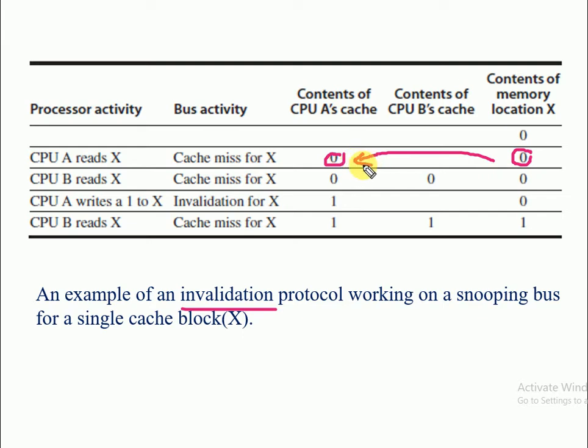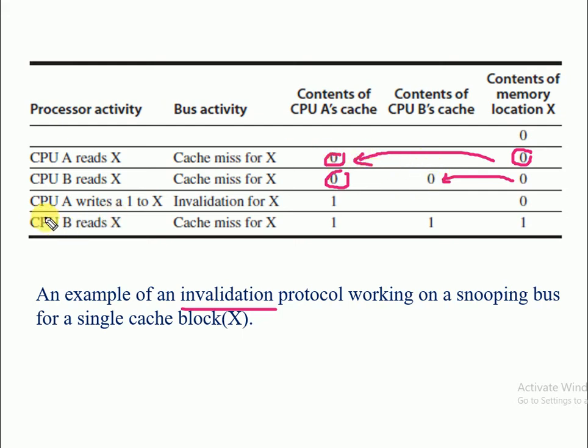It will have the value 0. Now CPU B reads X. It is not in B's cache. Okay, so it will read that from primary memory. So its cache consists of 0. A already has 0. So now both CPU A and CPU B caches consist of 0.